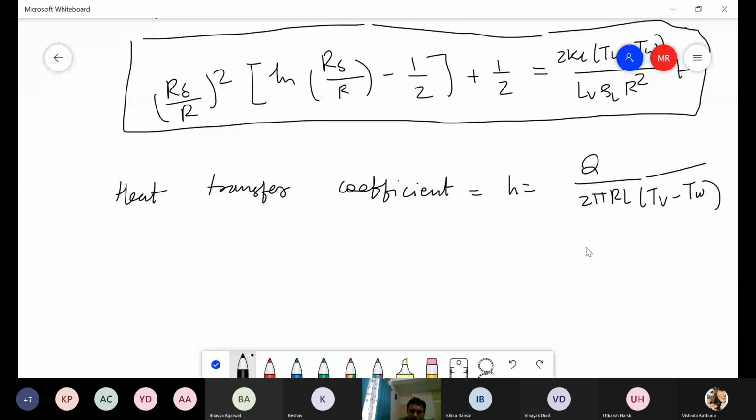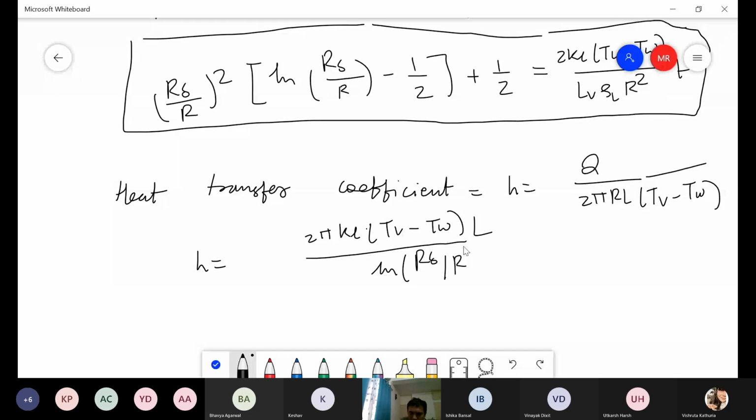In terms of conduction, Q can be written as 2 pi k L (T_V minus T_W) divided by ln r delta by r, and this is divided by the entire denominator, which is nothing but 2 pi R L (T_V minus T_W).